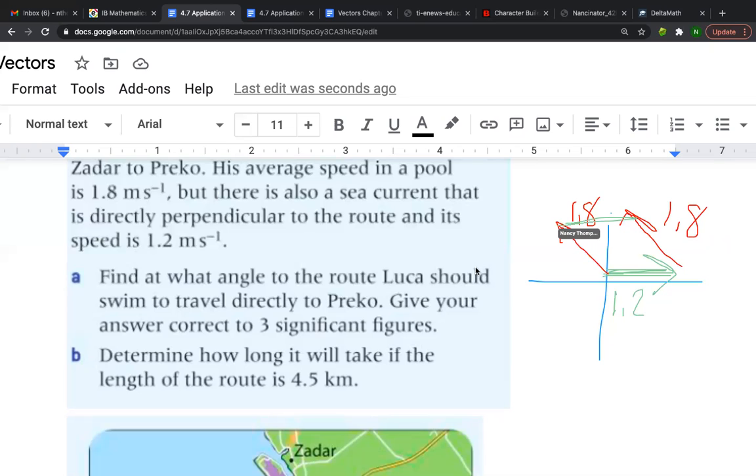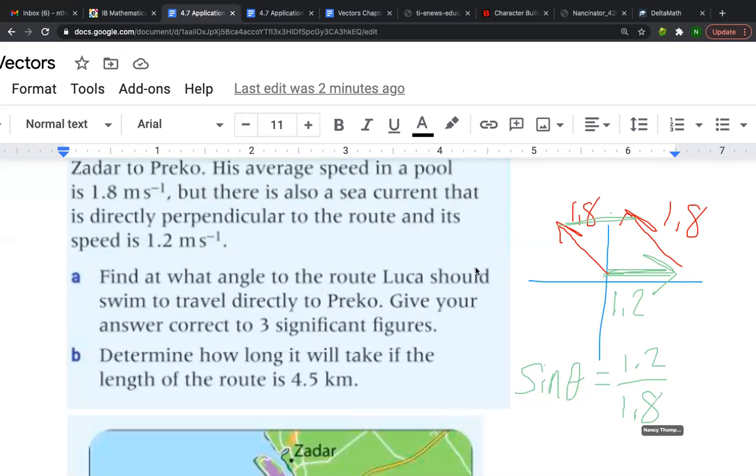Okay, so based off of this information, it wants me to find the angle that he should swim at to travel directly to Preco, or Preco. I'm uncultured, I couldn't tell you. So you do sine of theta is equal to 1.2 over 1.8.